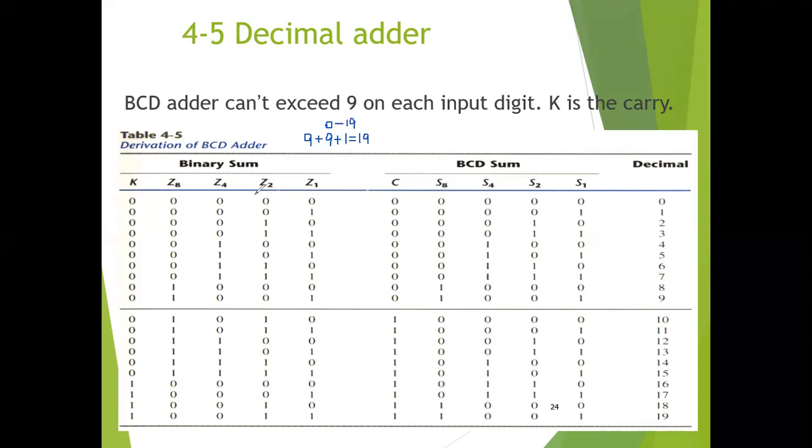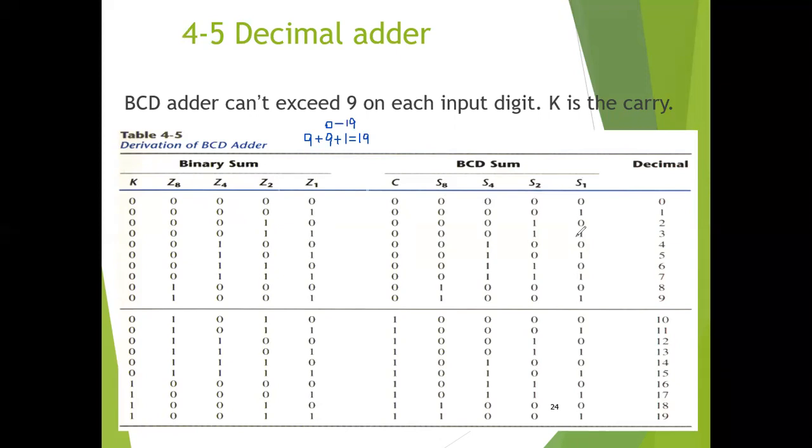The column under the binary sum lists the binary value that appears in the outputs of the 4-bit binary adder. The output sum of two decimal digits must be represented in BCD form, as we can see in this column under the BCD sum.